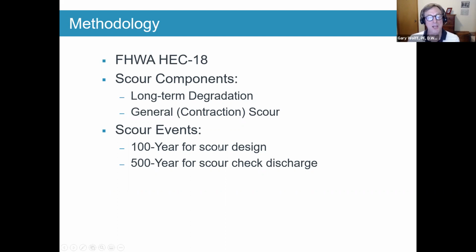So following ODOT and Federal Highway guidelines, we ran the 100 years, we did the calculations using the results from the 100-year event. And then because our road actually doesn't overtop during the 500-year either, the 500-year event becomes our scour check design. So we calculated scour for the 100-year and the 500-year.